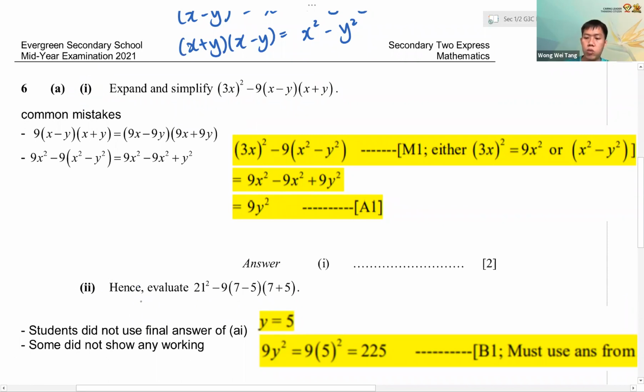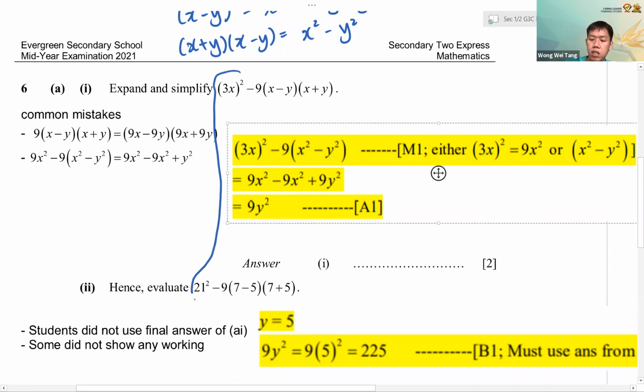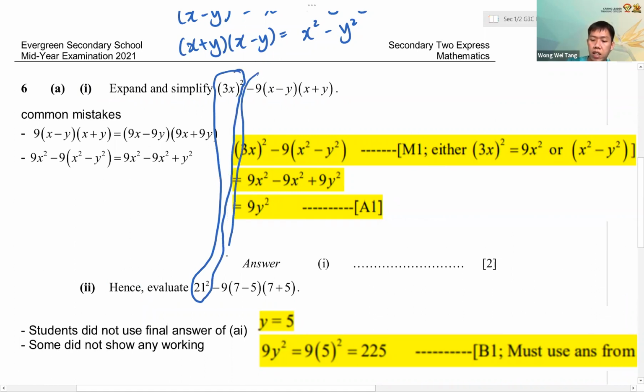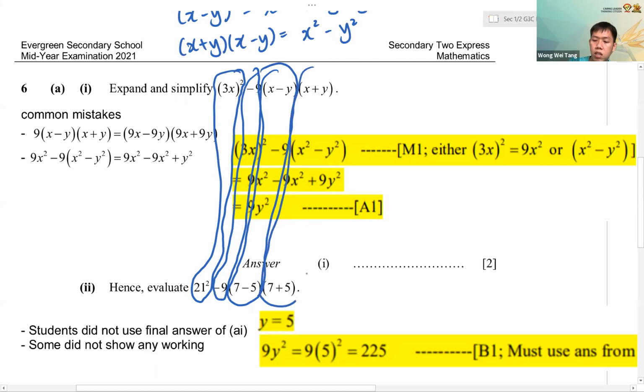So let us check out what the similarities are. So the first portion, then you have a minus 9 and x minus y, x plus y.